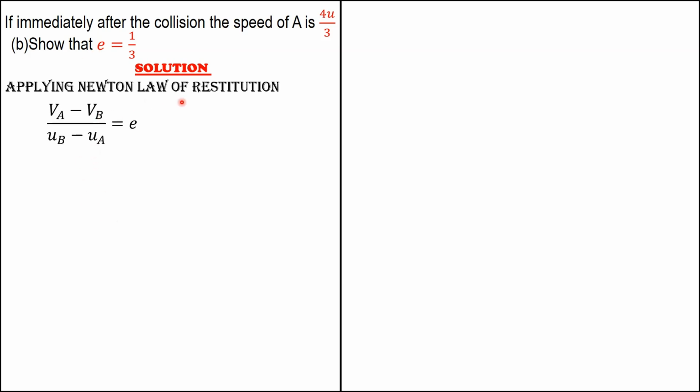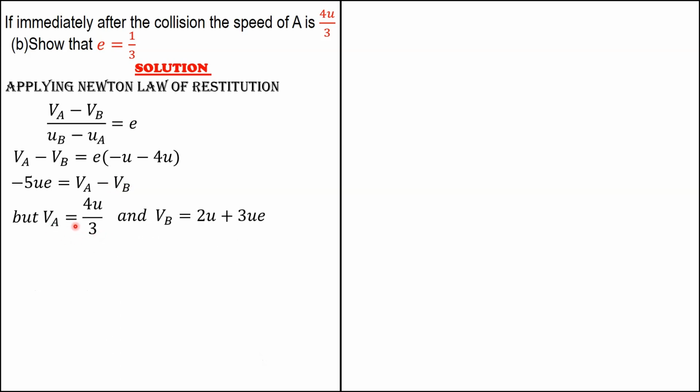So applying Newton's law of restitution, we have VA minus VB divided by UB minus UA equal to E. Further simplifying, because we know UB and UA, which are the speeds of sphere A and sphere B just before collision, we get negative 5UE equal to VA minus VB.